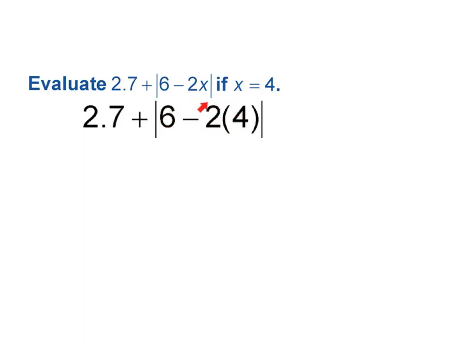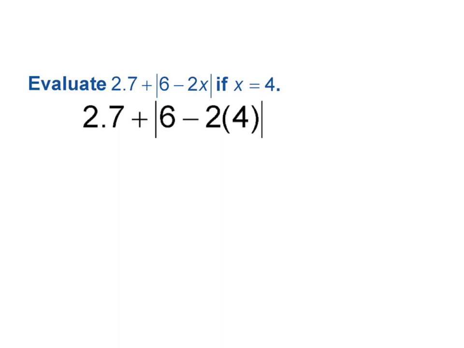The absolute value is a grouping symbol. It should be a G, it should be GEMDAS, not PEMDAS, because it's a grouping symbol. You've got parentheses, absolute value, brackets, braces, and a fraction bar. Those things are all grouping symbols that separate parts of an expression, and you need to do those parts first.